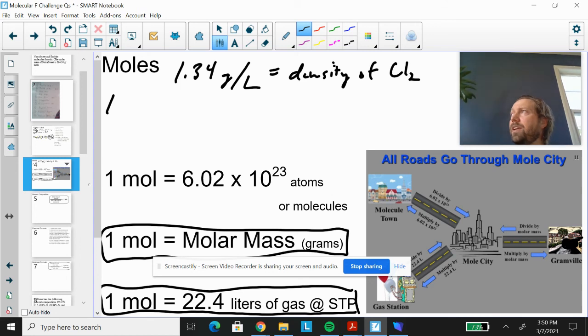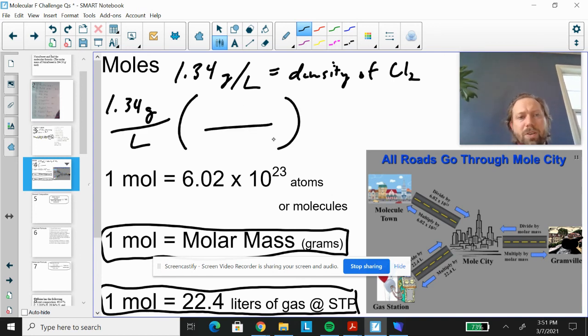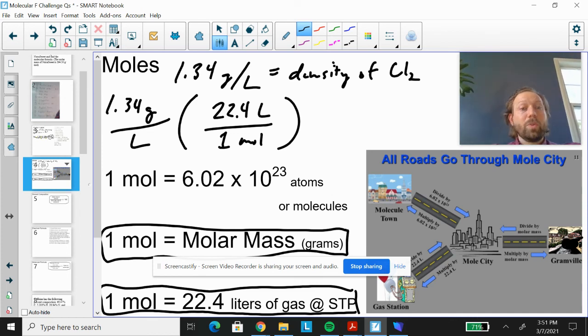If you're given the density, you can figure out the molar mass. You would do 1.34 grams per liter, and then this is a gas, so it would be 22.4 liters per 1 mole. And this gives you grams per mole, so you can get the molar mass of it. That's one way of getting the molar mass of it without having any other information.